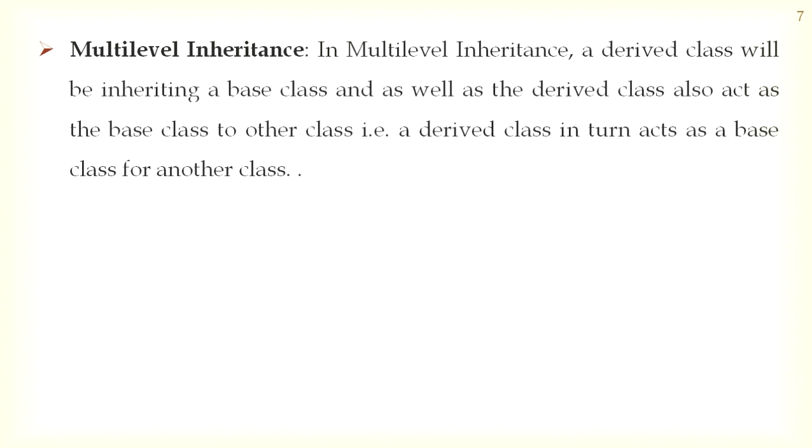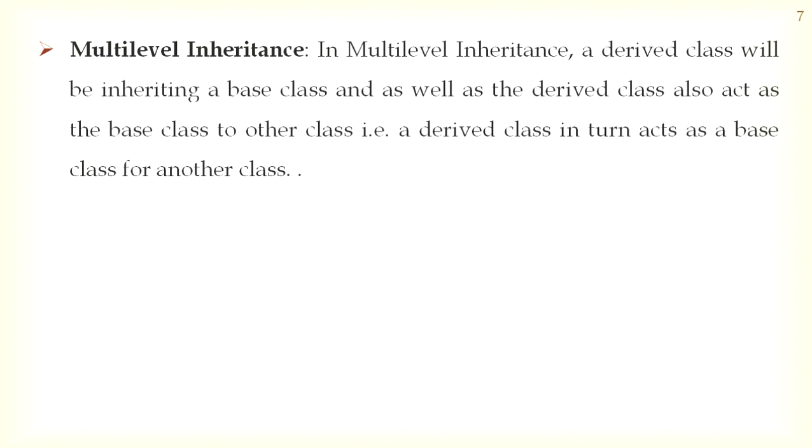Multilevel inheritance. In multilevel inheritance, the derived class inherits a base class, and the derived class also acts as a base class to another class. It's like a chain: one class derives another class, and that class derives yet another class.